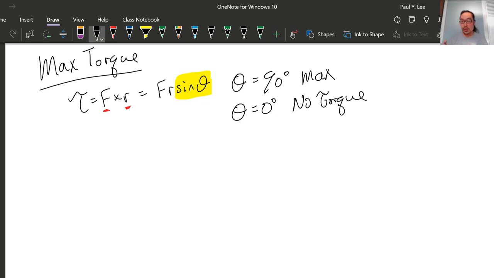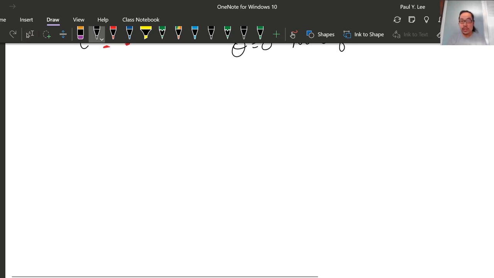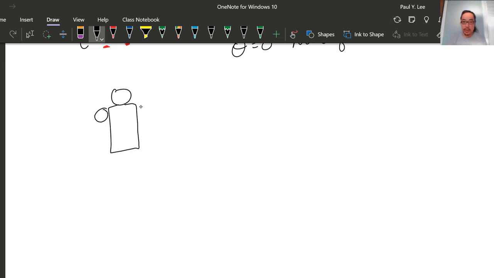So you could do this with your arm as an example. As you're copying down the notes, imagine this. So let's call this a, so I'm going to try to draw a person, and this is their arm. So their arm is sticking out. So I'm going to draw two arms here.